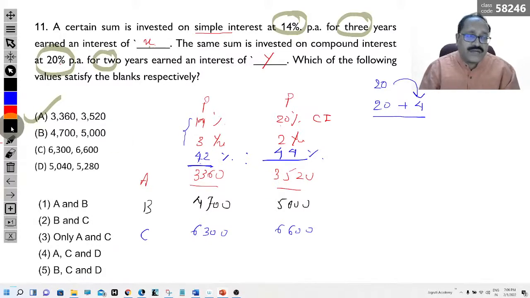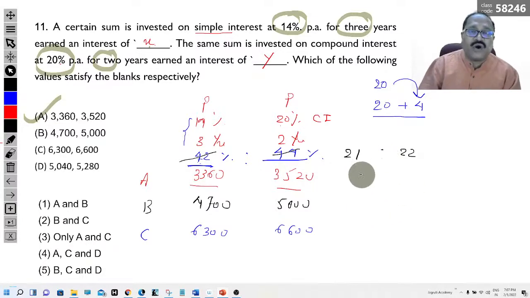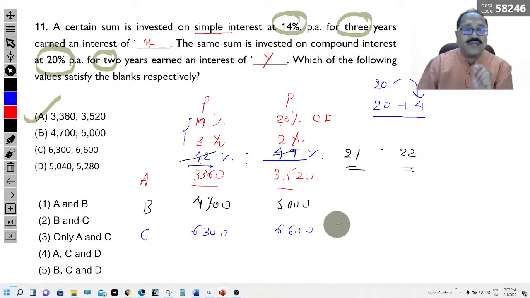Here it gets cancelled 21 times, and here 22 times. That means my interest should be in the ratio of 21:22. Check how many of these options have the ratio of 21:22.